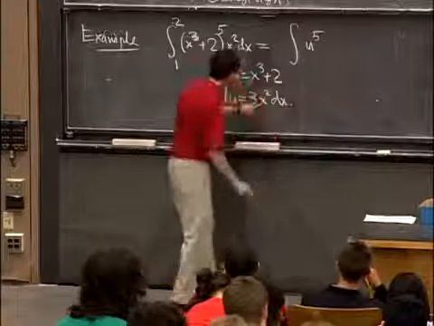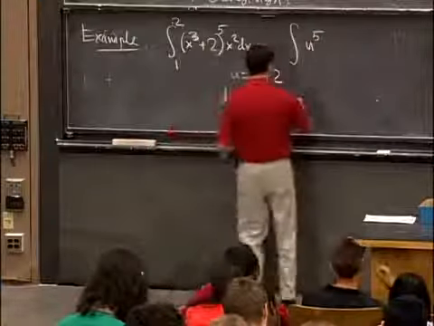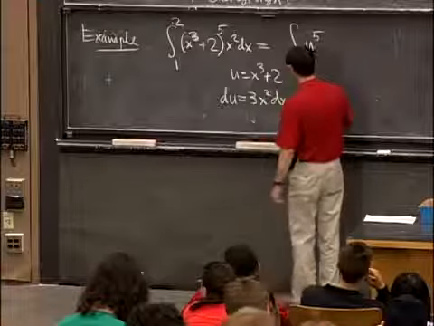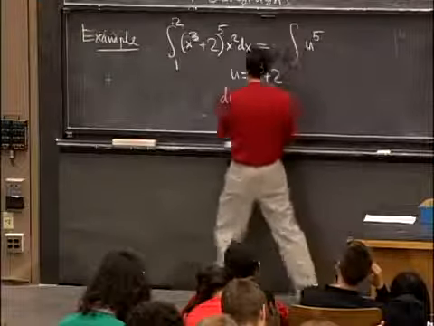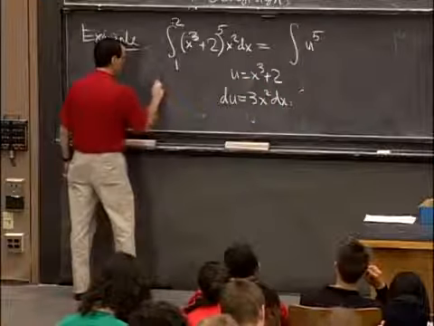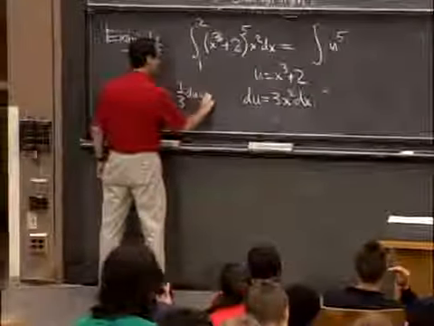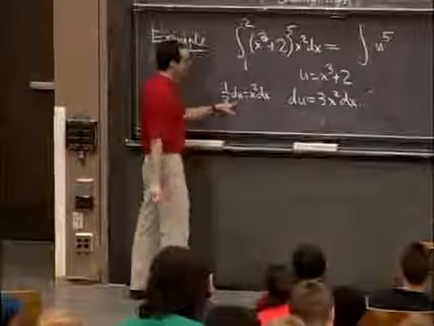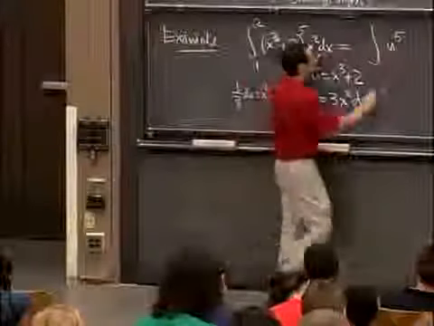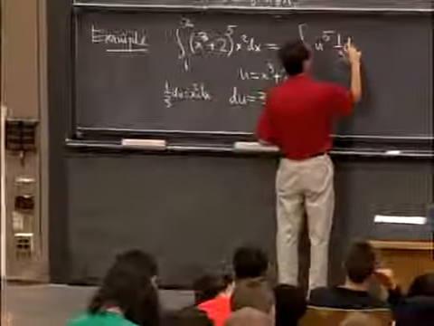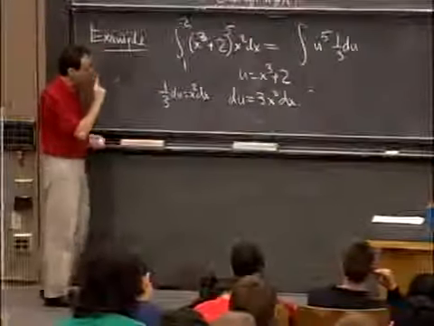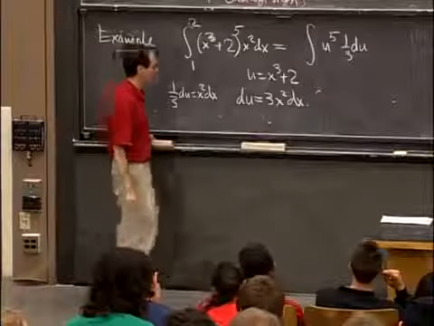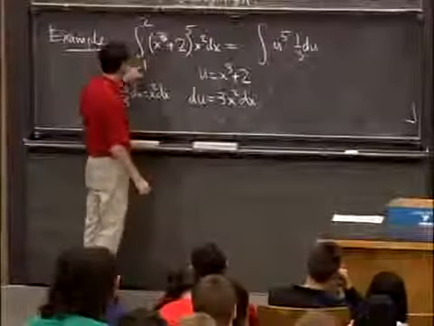And then, because this is 3x squared, we see that 1/3 du is equal to x squared dx. So that's what I'm going to plug in for this factor here. So here's 1/3 du, which replaces that. But now there's the extra feature. The extra feature is the limits.